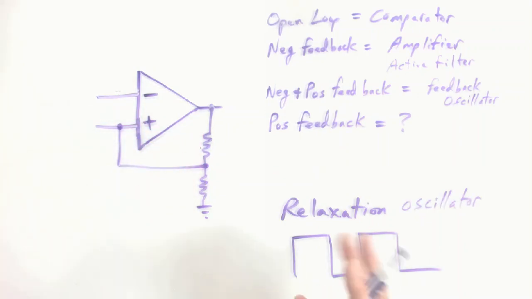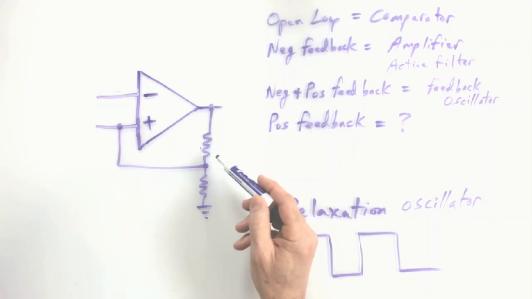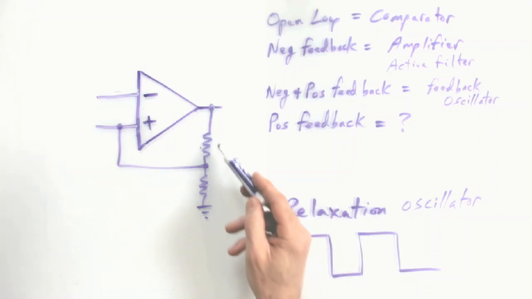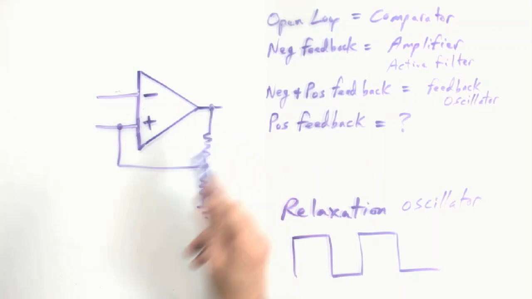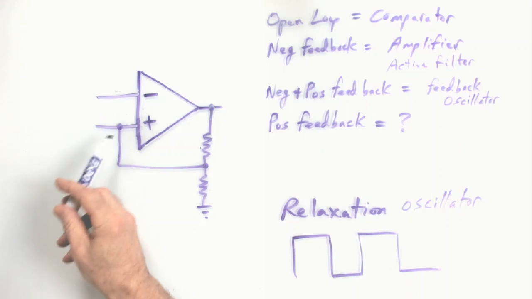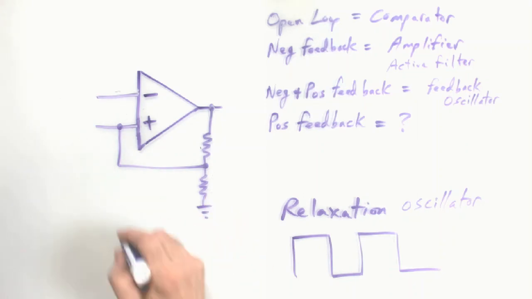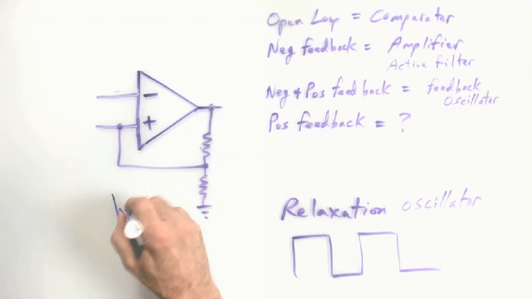And this would be another session to analyze this. But I think you can see I'm using the voltage division to bring back a certain amount of the output, but not back to where it will cancel, not back to the inverting input, but back to where it will be at the positive input.